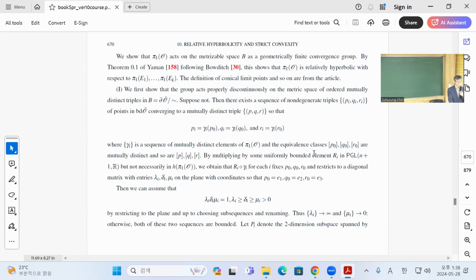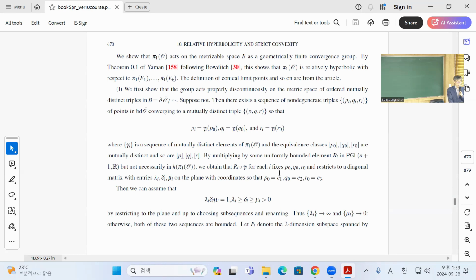Okay. So visually distinct, and then these classes are also visually distinct. So that will show the proper discontinuity for the metric spaces. So by multiplying by some bounded element, you can always show that these will fix these points. So these are some bounded elements.